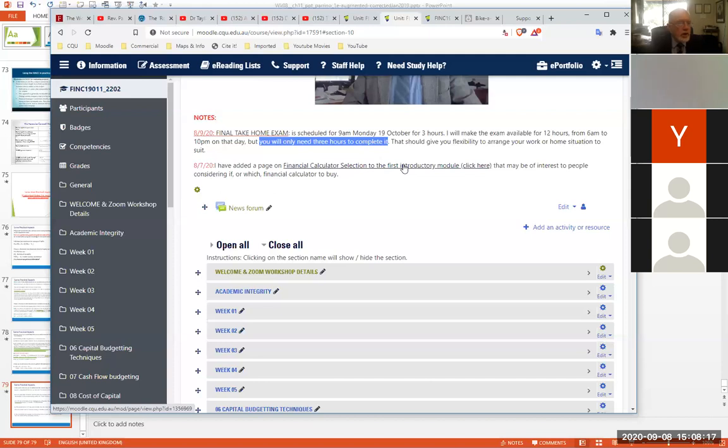And if we're trying to work out how many pages or how much text to write, then what I'm suggesting to you is that you work out how much you can write in half an hour and make sure that your answer fits into that space, because otherwise you're just not going to be able to answer all the questions. Okay, thank you. Great.